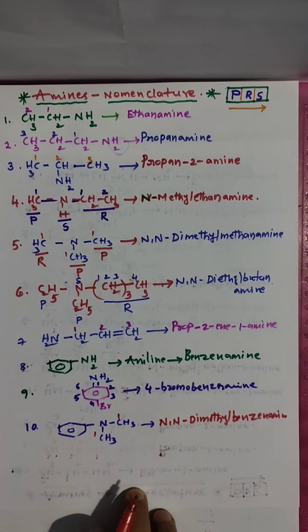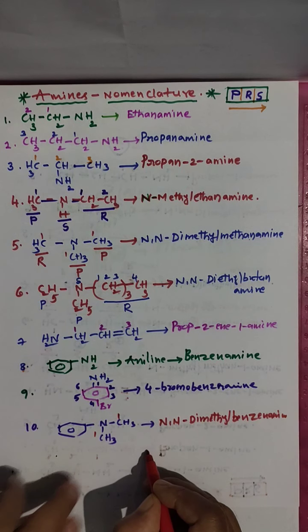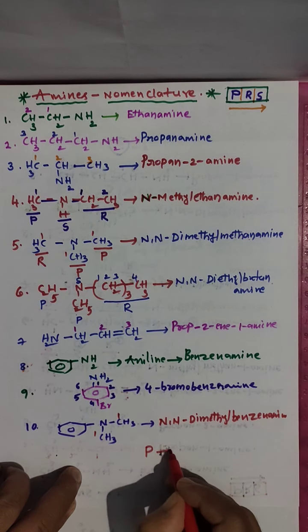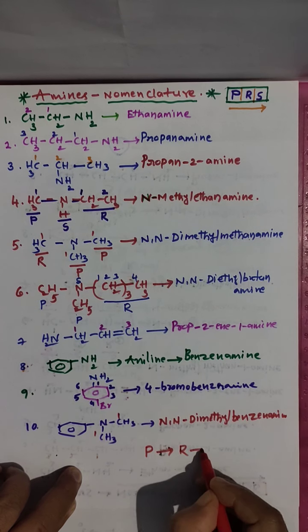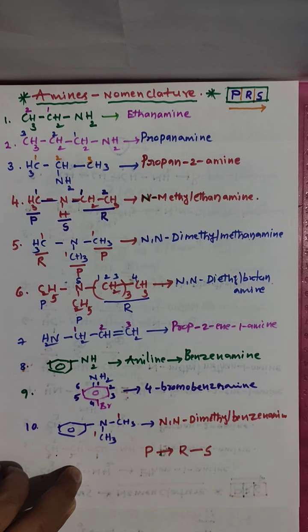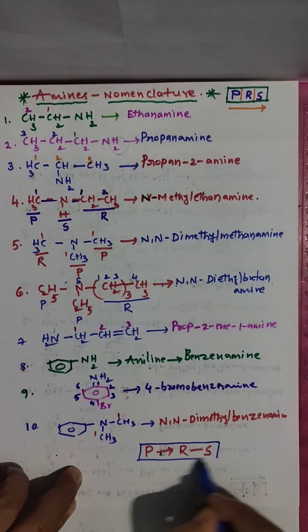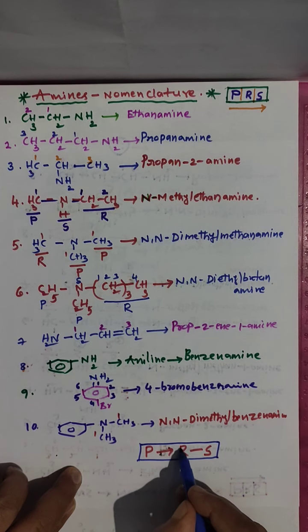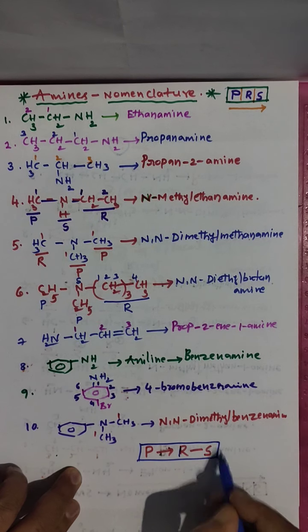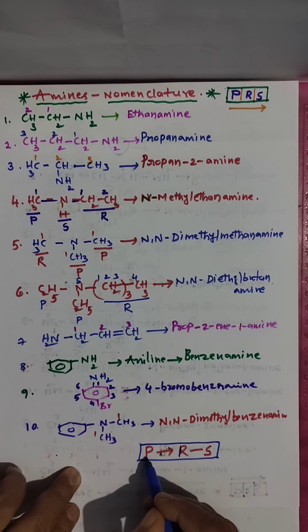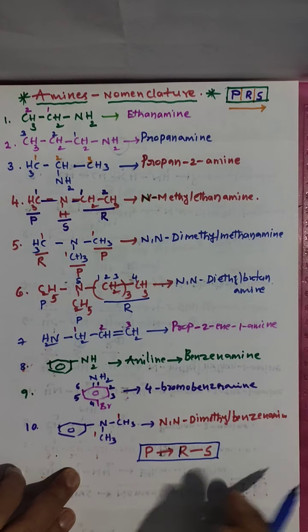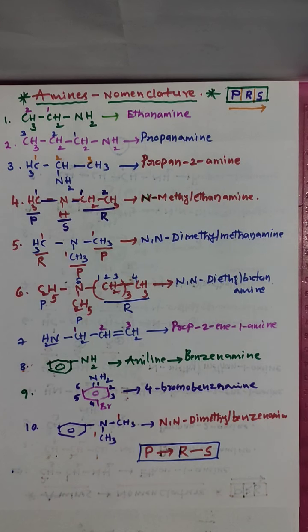Am I right? Like this. First you have to follow the prefix, next the root word, next the suffix. Always you have to follow this order. If prefix is not there, start with the root word, then suffix. If suffix is not there, prefix is compulsory. Like this, the PRS system, and this is the IUPAC nomenclature of amines.